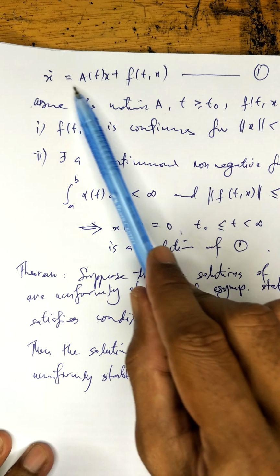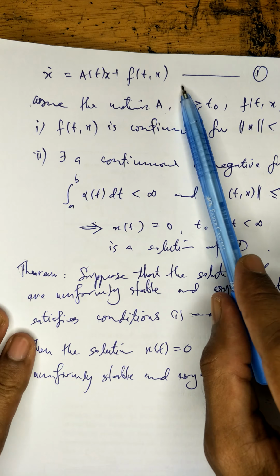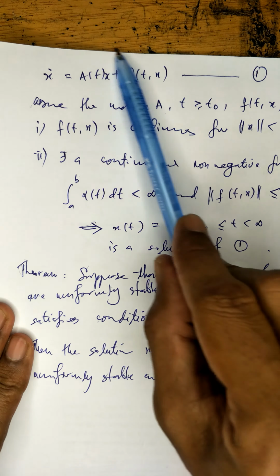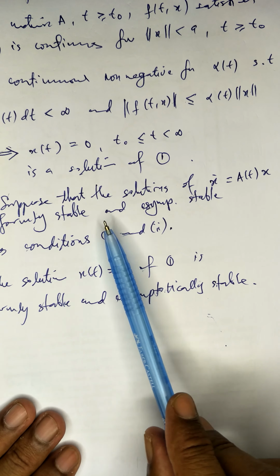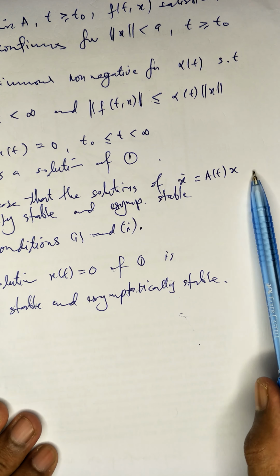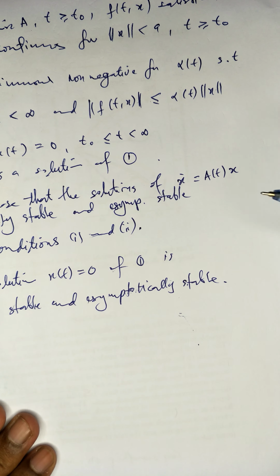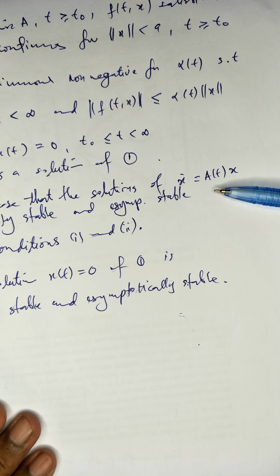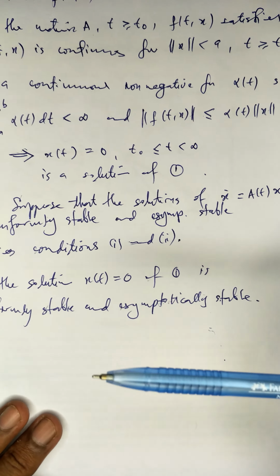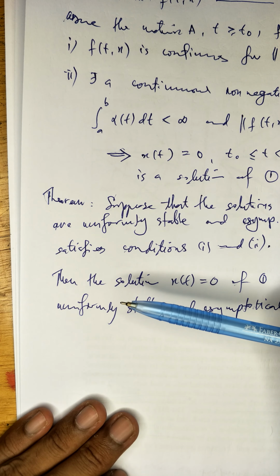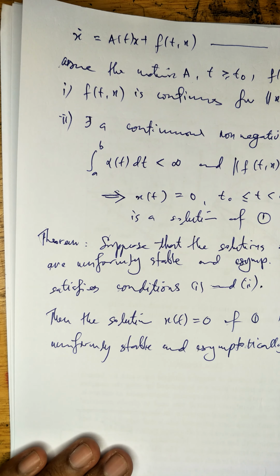Which means if you want to find the stability of the solution of that system, it is enough for us to study the solution of the linear system. By having this, provided that f satisfies conditions 1 and 2, we can make a conclusion for the solution of the system that we are looking for.